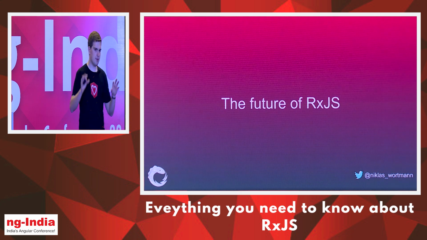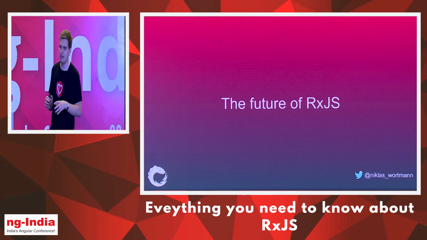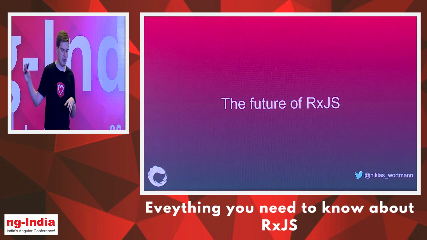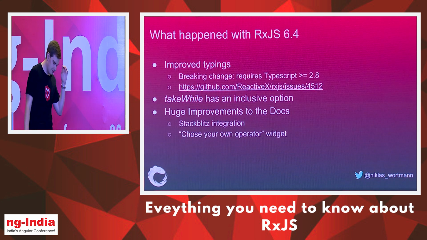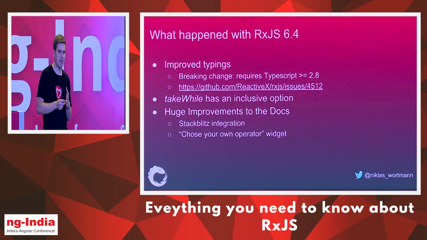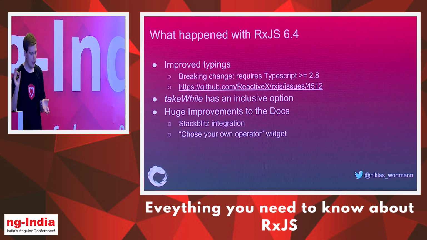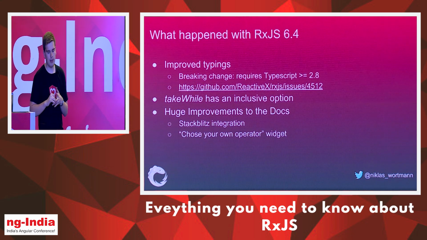So now that we have talked about all the most important parts of RxJS, I want to give a brief overview about the future of RxJS and what's happening in the next few months. So before we start with that, I want to talk about the latest version. I think 3 weeks ago, roughly, we published RxJS 6.4.